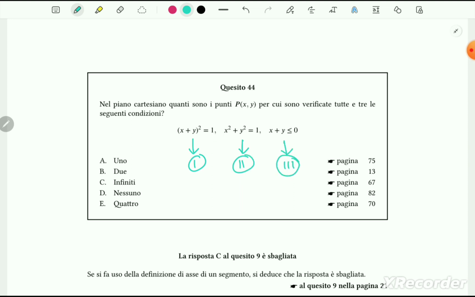We have to find out how many points. It could be 2, 3, infinity, or not a single point. Let's take a look at the options here. Uno means 1, due 2, infinity, nessuno is actually 0 or none, quattro, 4. Okay, we have to find that out.